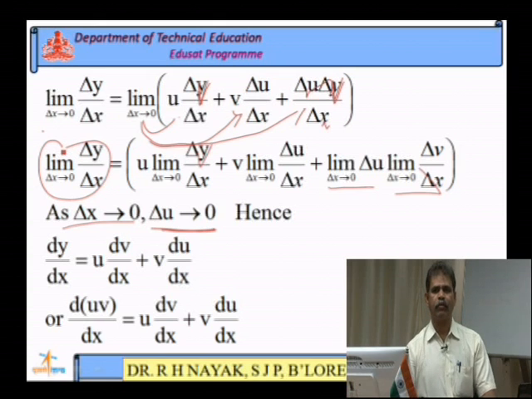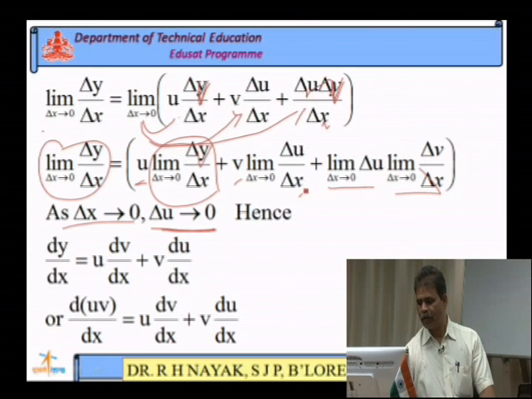So, based on this, you can write delta y by delta x is equal to, keep u as it is, differentiate: limit of delta v by delta x is dv by dx, plus keep v as it is, and delta u by delta x, this will become 0.